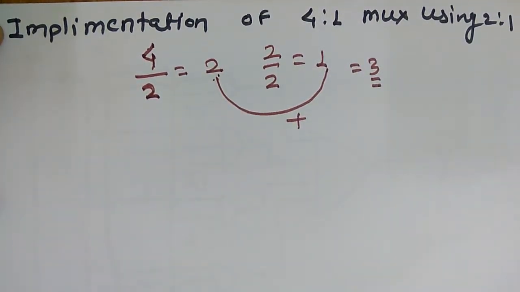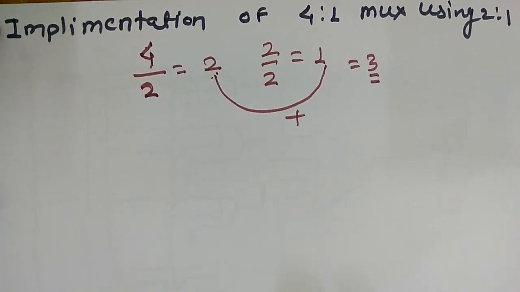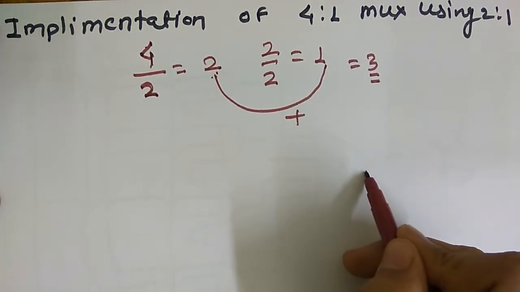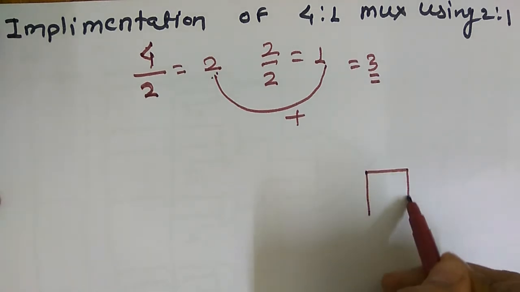This is the procedure to calculate the number of mux required to implement this mux, and we will see how we implement it, and you will definitely understand why this requires 3 mux. Firstly, I have one single mux.